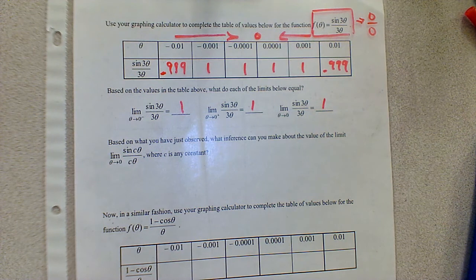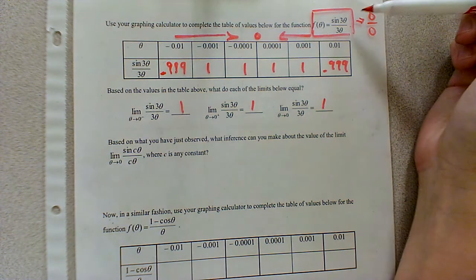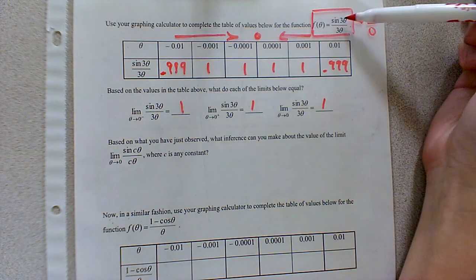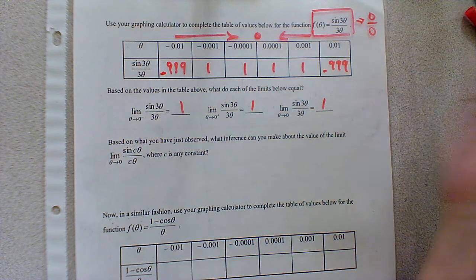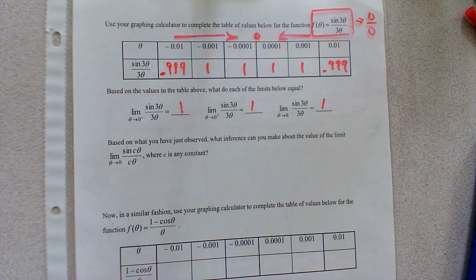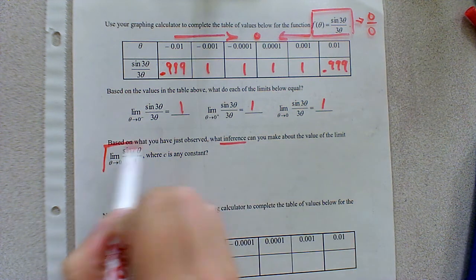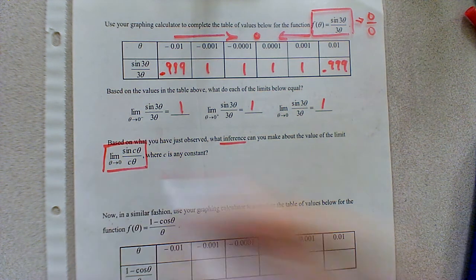So this brings us to kind of an interesting fact here. Notice how in the last example on the previous page, we did not have those coefficients of 3, but now we do, and we still happen to get the same limit. So we can make some type of inference or educated guess about what this trig limit actually does.